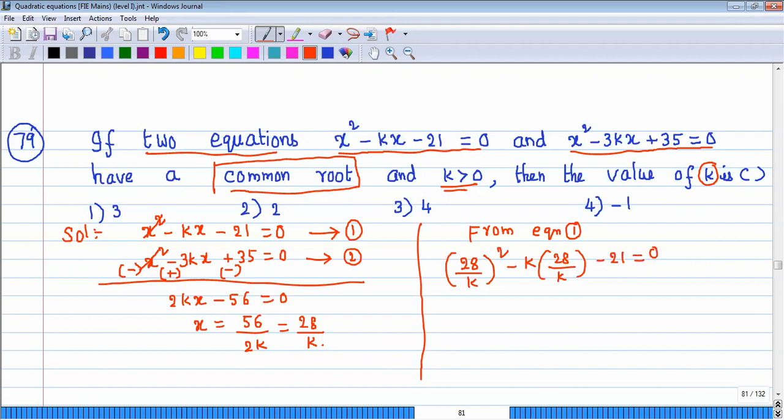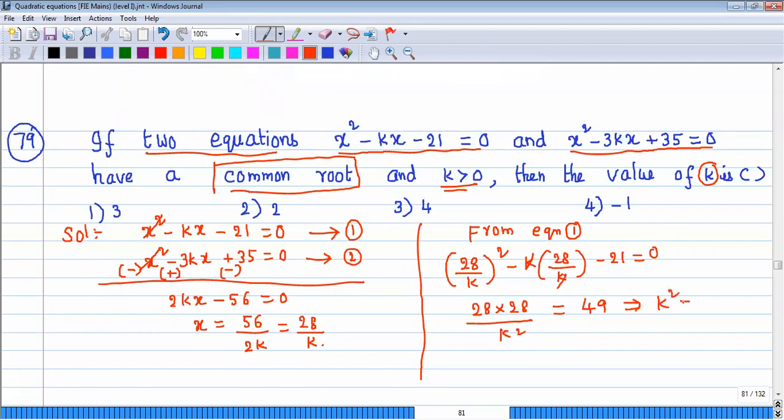K cancel out. We have 28 square, that means 28 into 28 upon k square equals to 28 minus 21, that is minus 49, becomes 49.